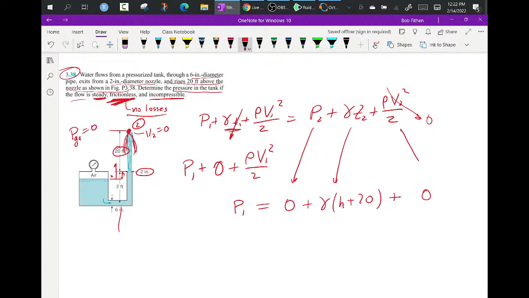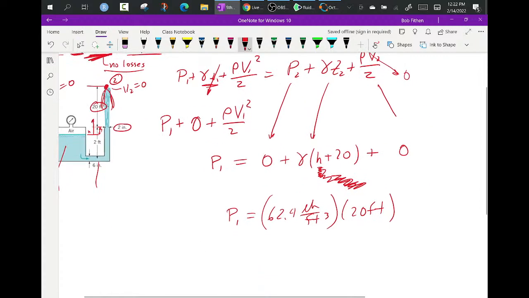Technically, P1 should be equal to this water, right? Water, 62.4 pounds per cubic foot times 20 feet. Now, what about this H? That's a little bit of an annoying side.